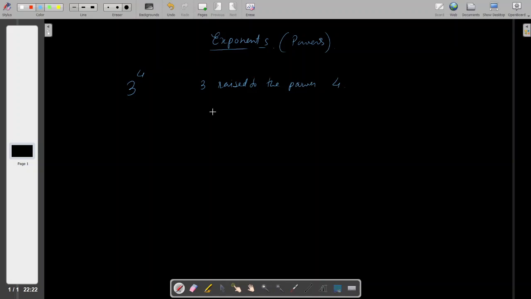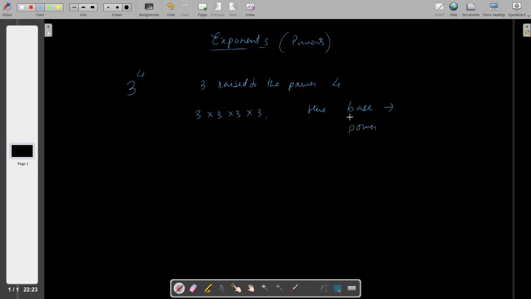That means 3 into 3 into 3 into 3. So here you have two components, that is base and the other one is power.